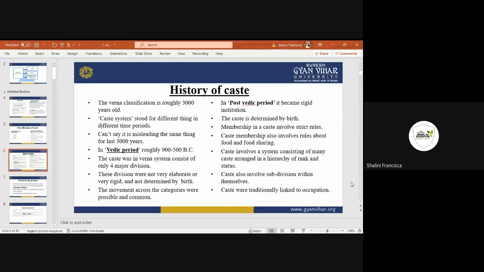Before, it was related to the work we have done, it was flexible. But after the Vedic period, it started to be rigid, and it was fixed what type of occupation you are following, and through this occupation what you will be called.